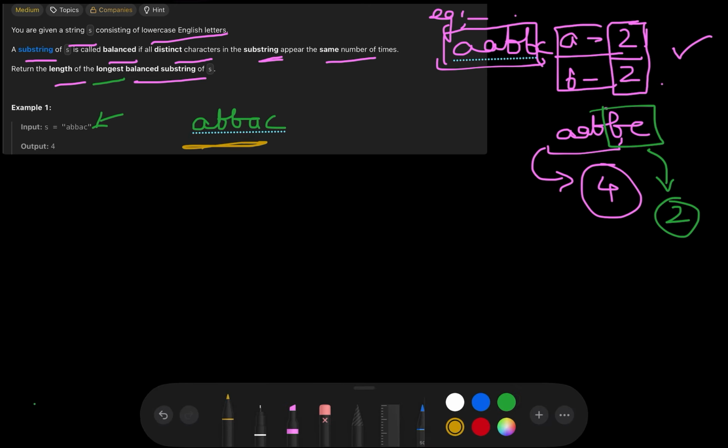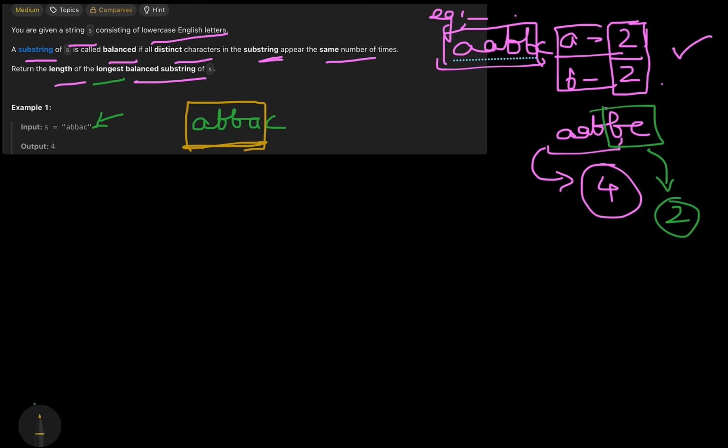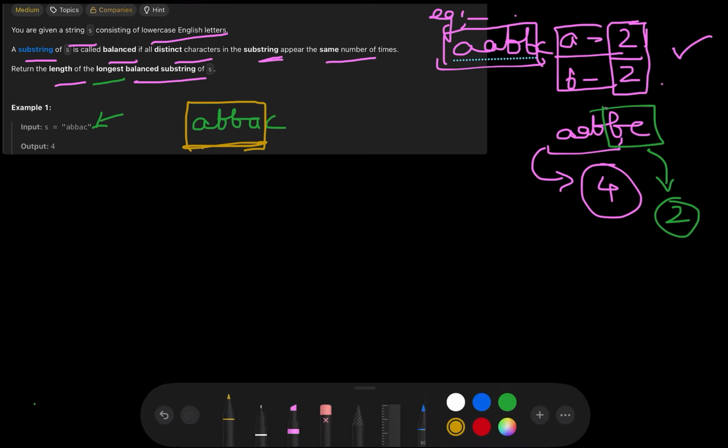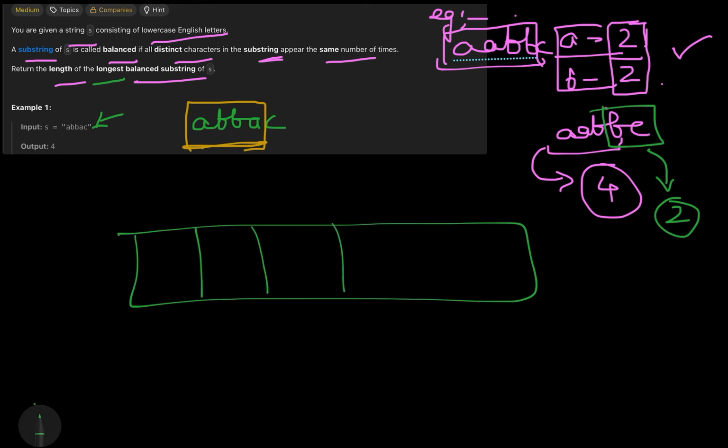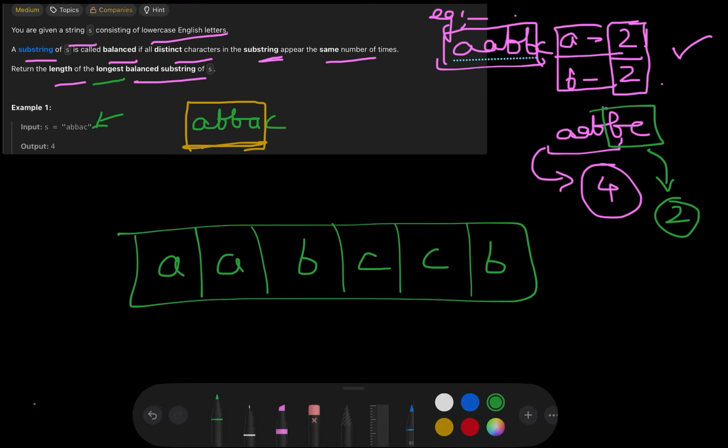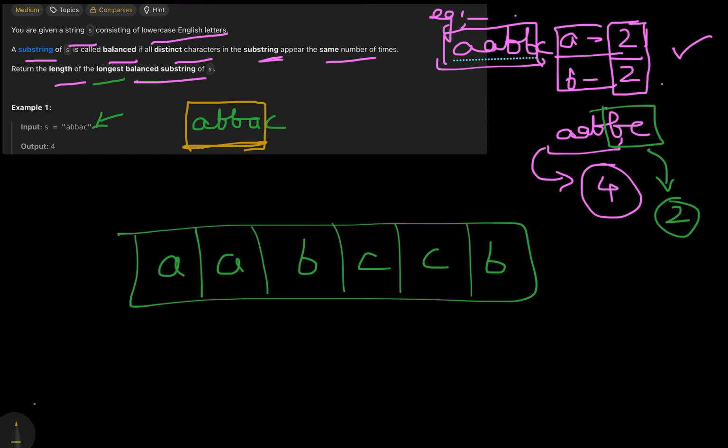See, this is our longest substring, which has the same frequency of the distinct letters. So what we can do is find the frequency of all the letters in our string. Suppose it is A, A, B, C, C, B. Here, what would be c?